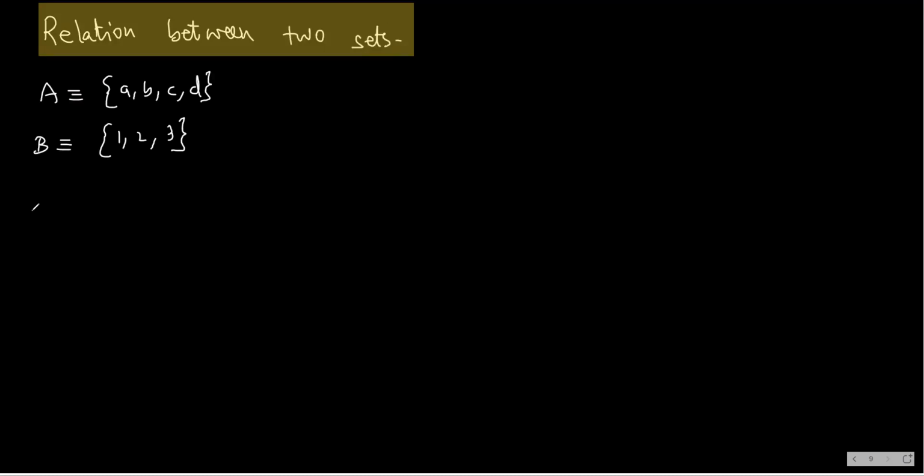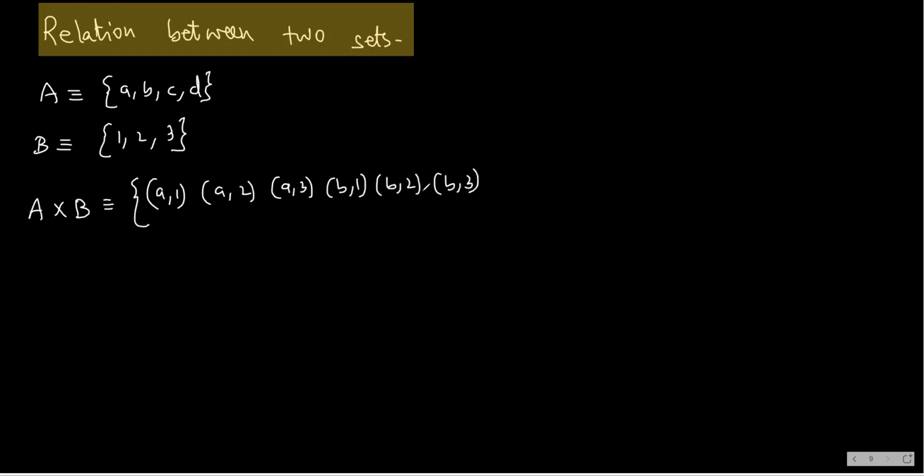Now let me write A cross B. You know what A cross B will be: a1, a2, a3, b1, b2, b3, c1, c2, c3, d1, d2, d3.